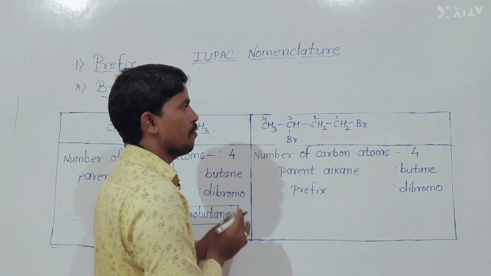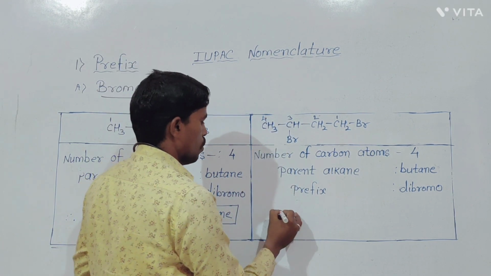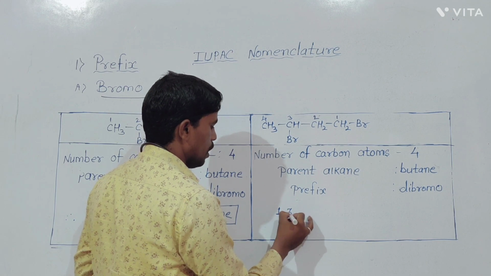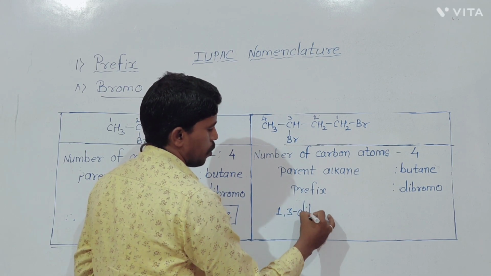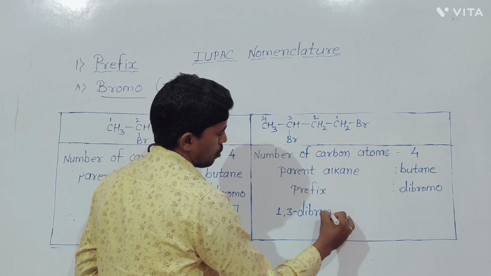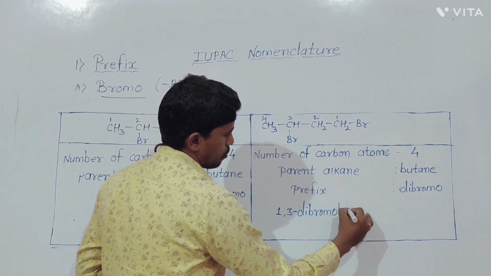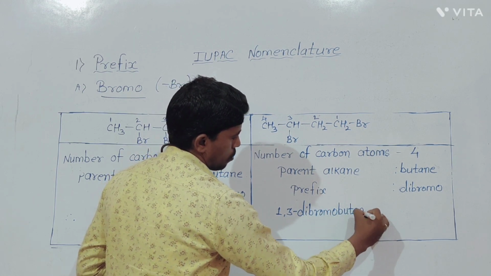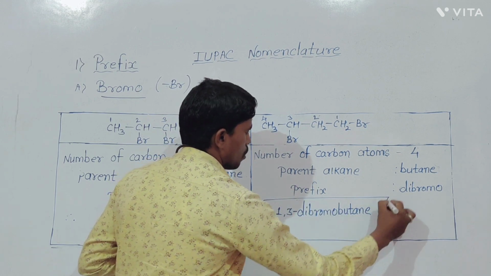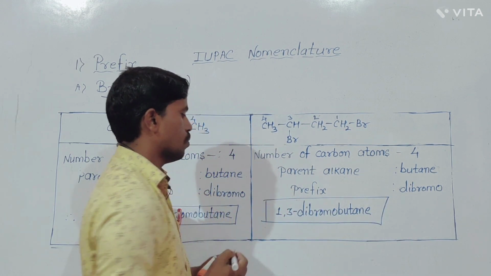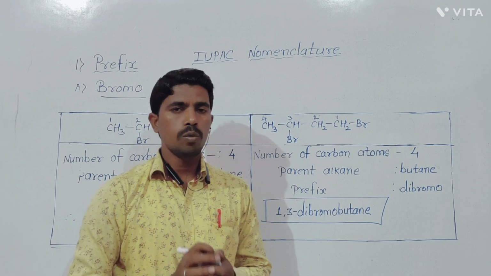Therefore, the name of the given compound becomes 1,3-dibromobutane.